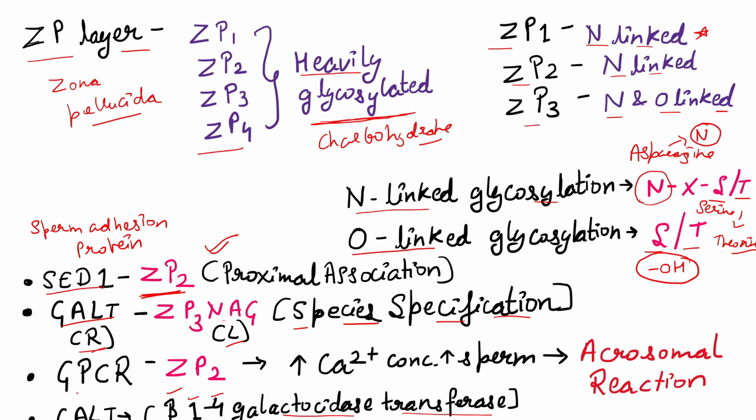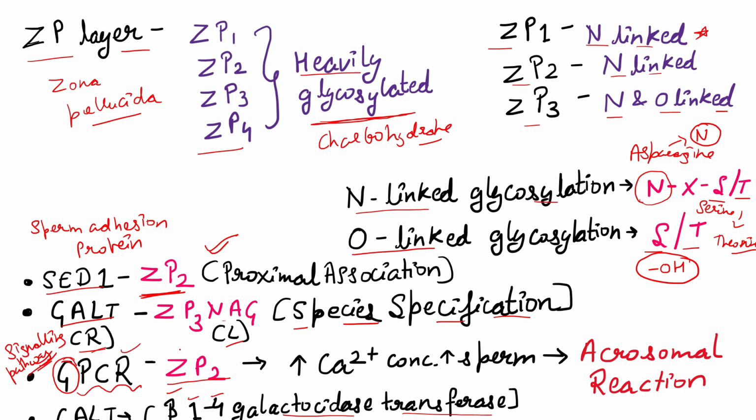Now GPCR is a G protein coupled receptor. This is a signaling pathway, and GPCR is controlled by ZP2.